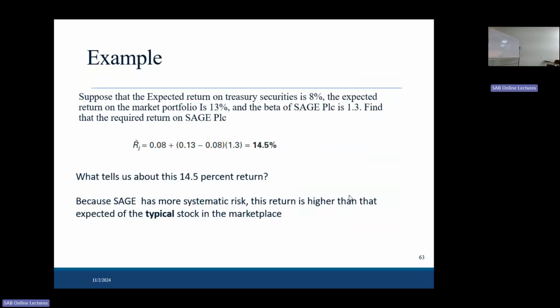This return is higher than that expected of the typical stock or the average market portfolio rate of return. That is because of this high systematic risk of 1.3. That is the reason.